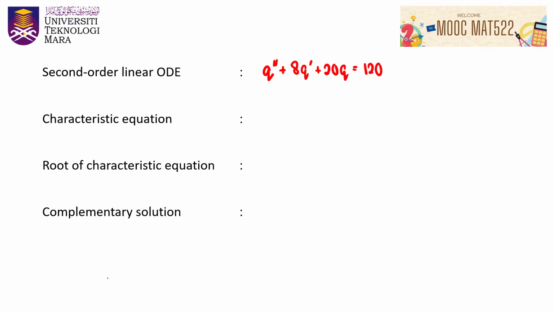From here, we can find the characteristic equation associated with the homogeneous part, that is m squared plus 8m plus 20 equals 0. This is a quadratic equation, and therefore we can find the roots of this characteristic equation, which we find to be complex, m equals -4 plus or minus 2i.